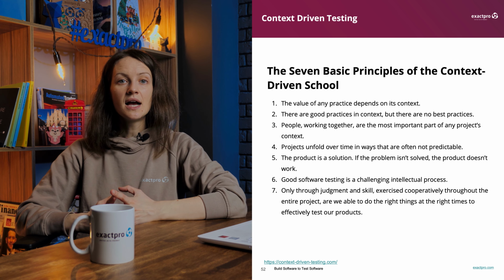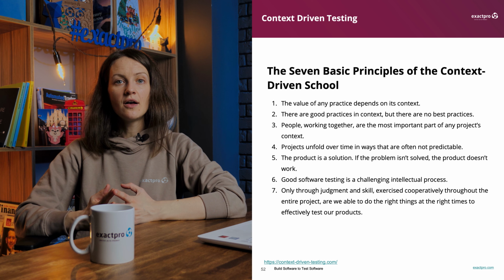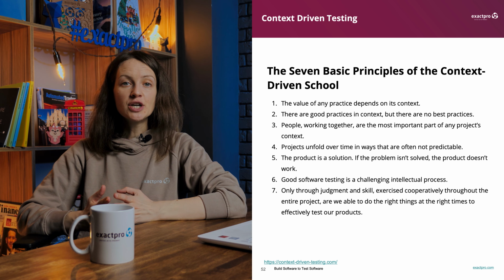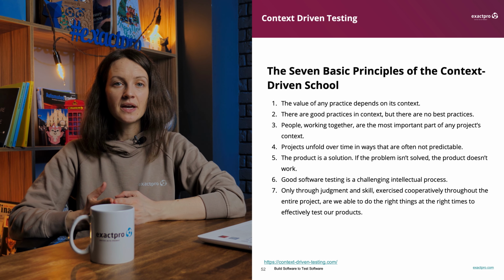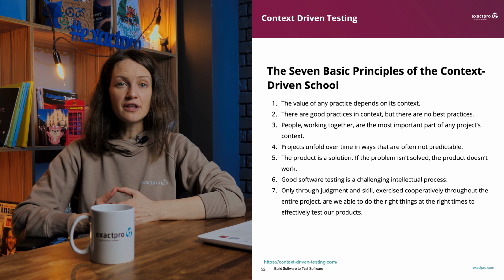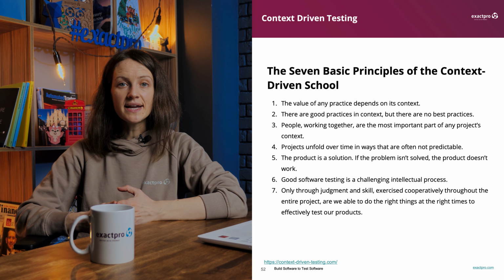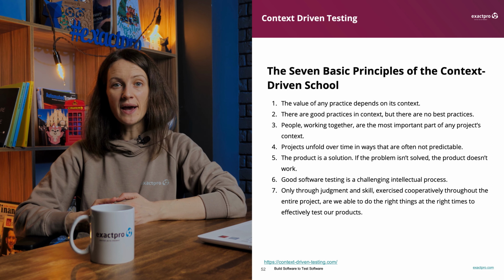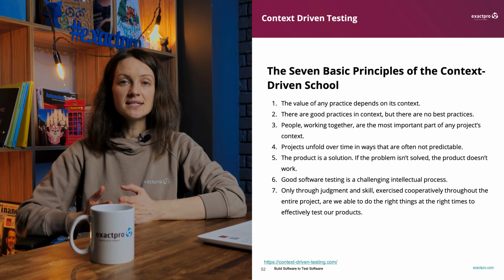These are: the value of any practice depends on its context. Number 2 is there are good practices in context, but there are no best practices. Number 3 is people working together are the most important part of any project's context. Number 4 is projects unfold over time in ways that are often not predictable. Number 5 is the product is a solution.